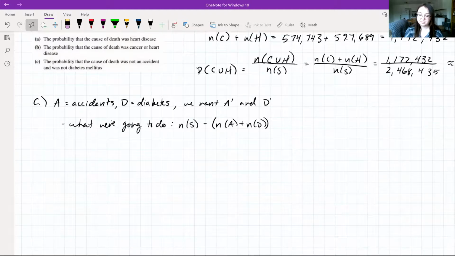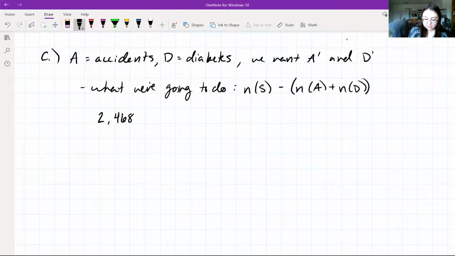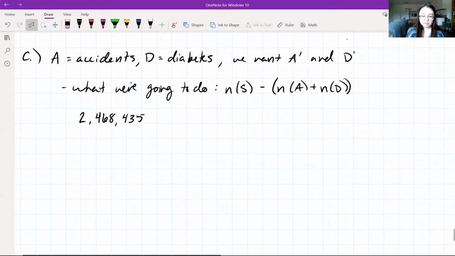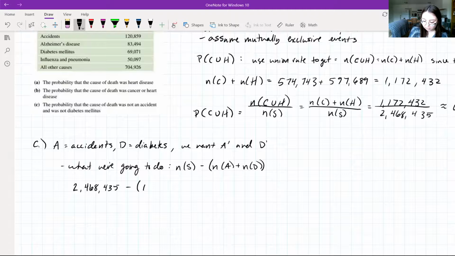So if we want to find N of S minus N of A plus N of D, what we're going to do is take 2,468,435, and we're going to subtract the sum of these two values. So we know that accidents account for 120,859 plus diabetes, which accounts for 69,071.